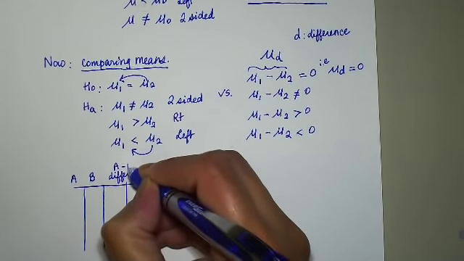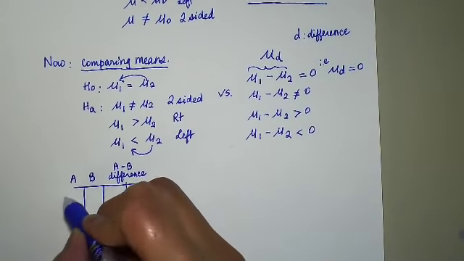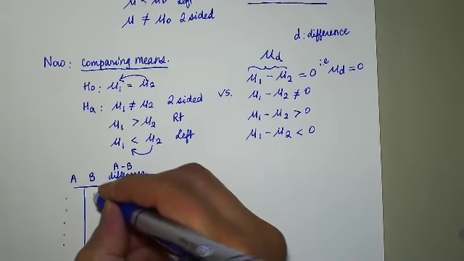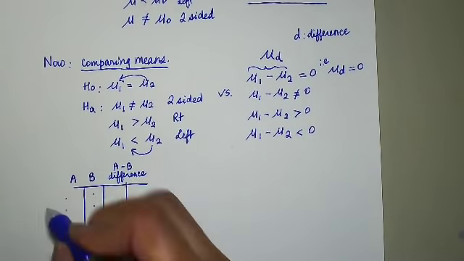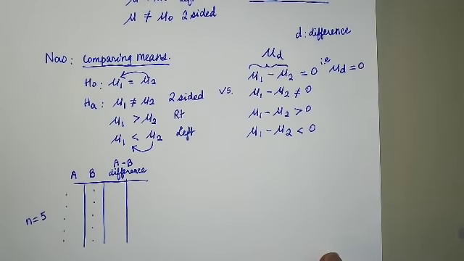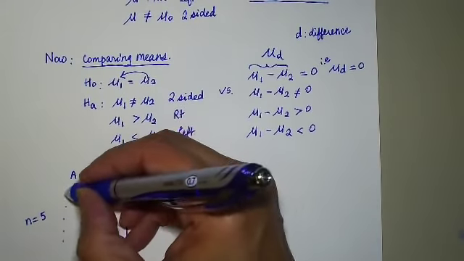And then this is the difference, A minus B. You will be given these observations. Let's say I have 1, 2, 3, 4, 5 observations and 5 observations here also. N equals 5, let's say.